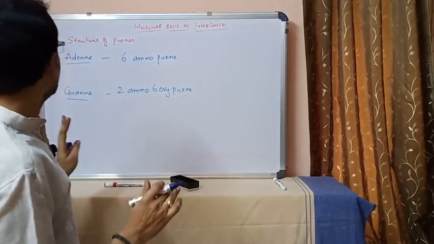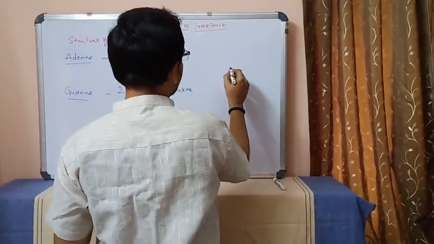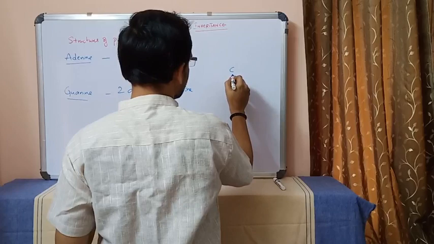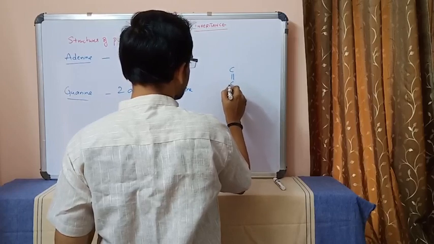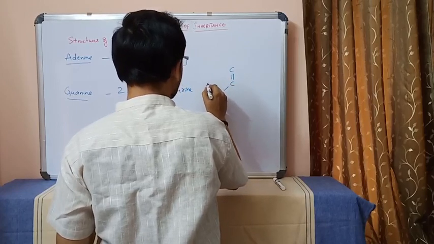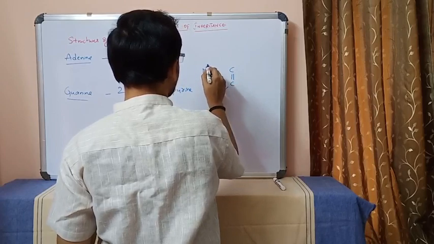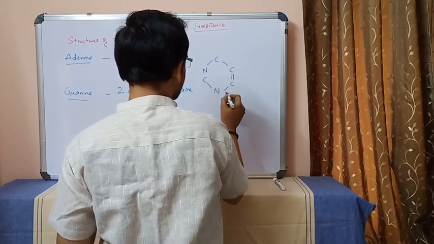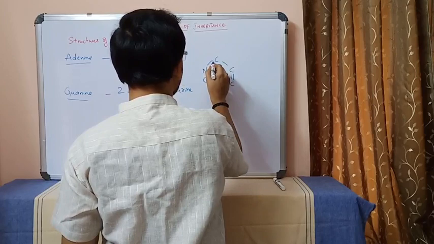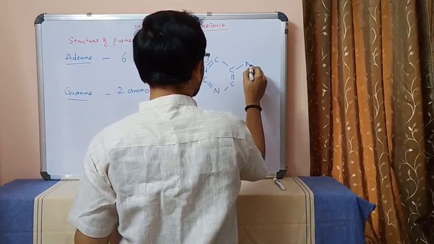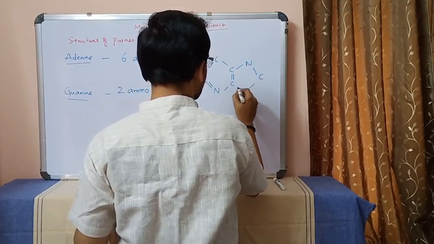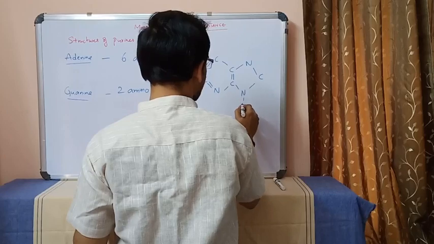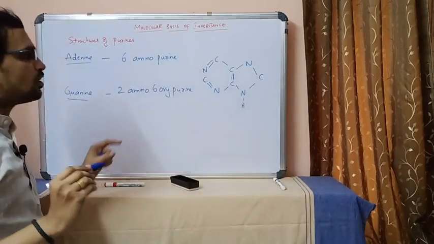So first we should draw the structure of purine. So this is the general structure of the purine.